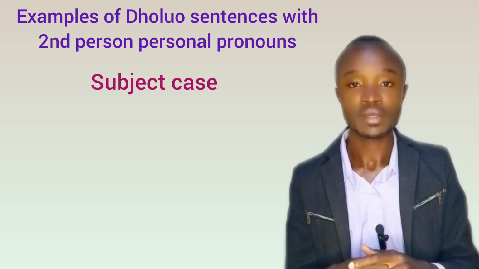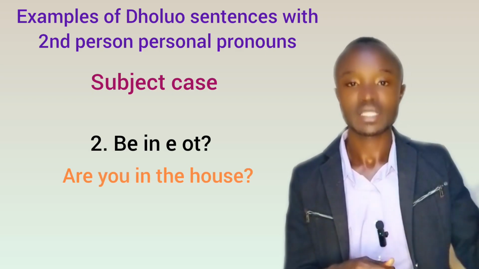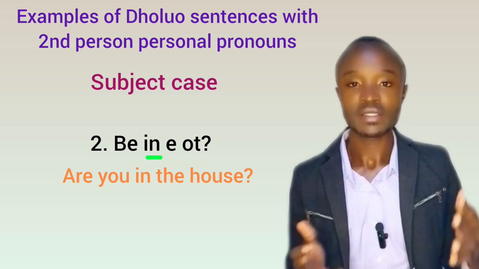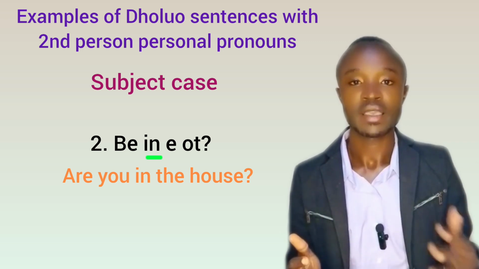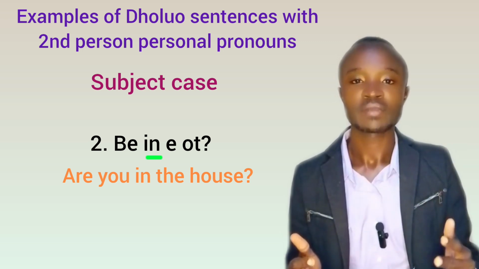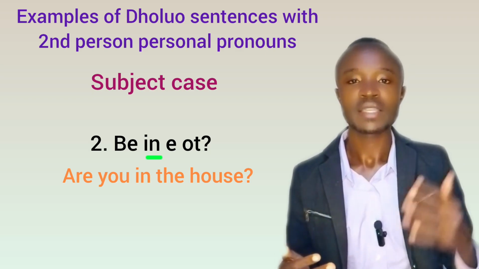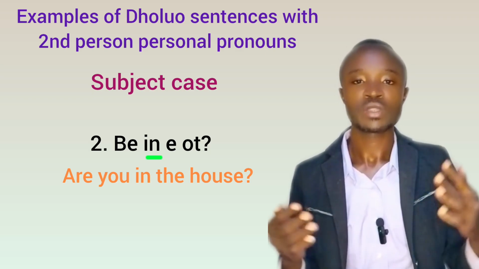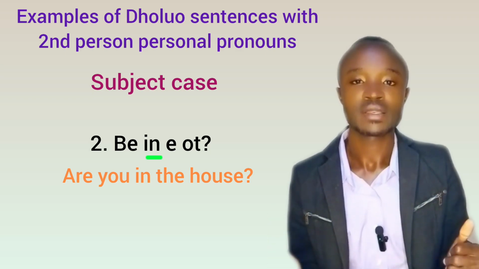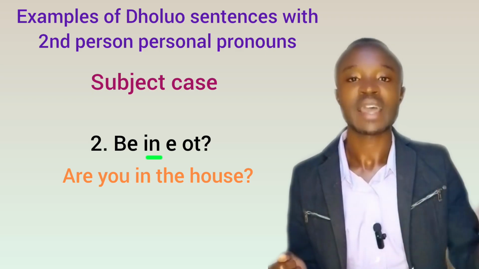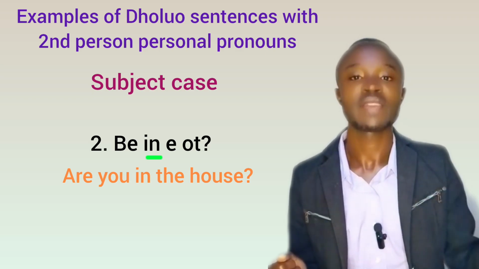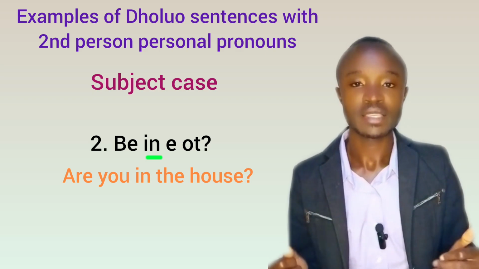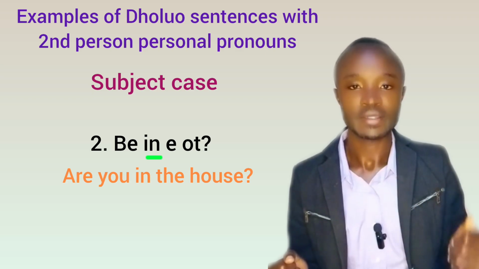The second example, be in e ot. Can you listen to that? It's a question. Be in e ot. In this case, the word be is used by native speakers to mean is it that or has it been that. So in this case, it means is it that.